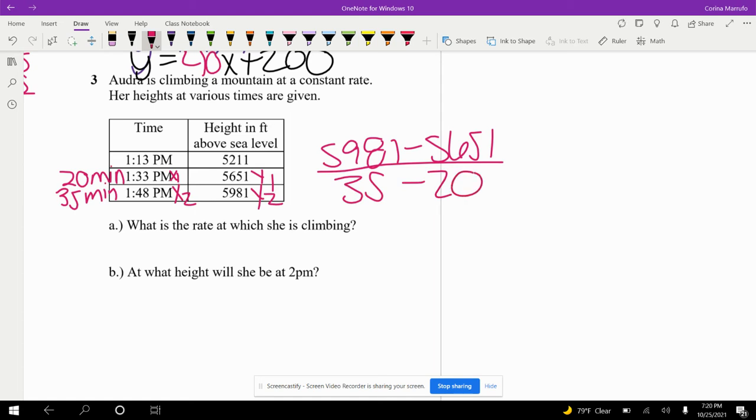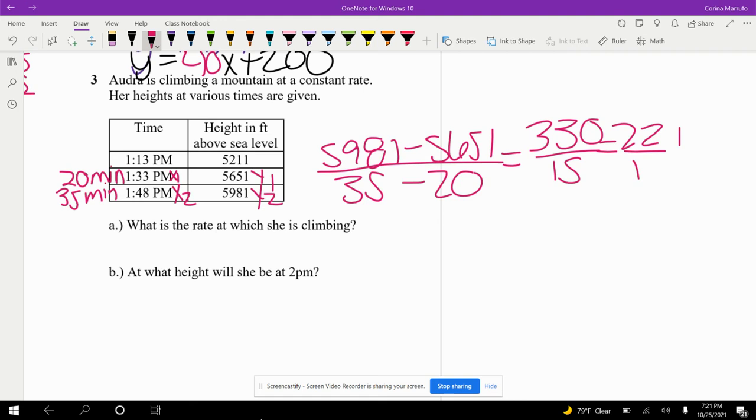I'm going to put the top part in my calculator. 5981 minus 5651 is 330. And 35 minus 20 is 15. I'm going to reduce that. 330 divided by 15 gives me 22. Or I'm going to put it as 22 over 1.